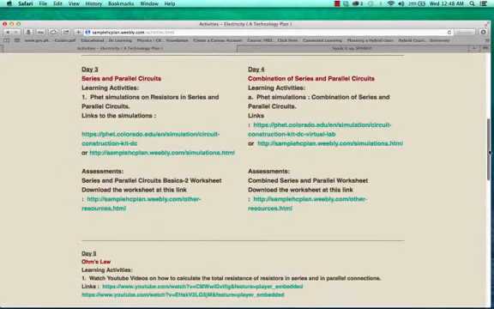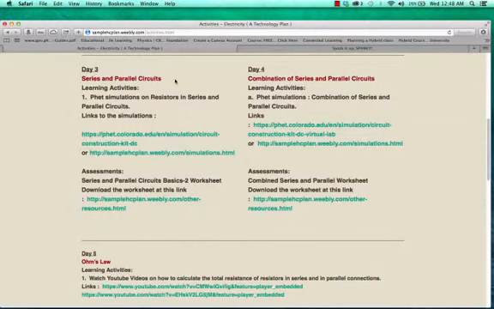For day 3, the first day of the out-of-class activity, the main topic is series and parallel circuits. Students are going to load PhET simulations on resistors in series and parallel circuits. They will then answer series and parallel circuits basic 2 worksheet.